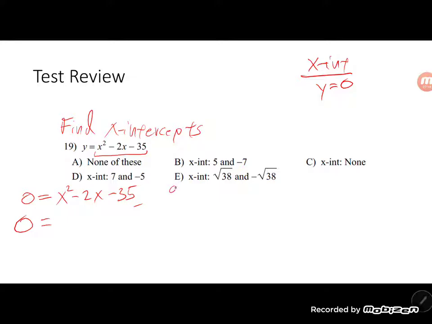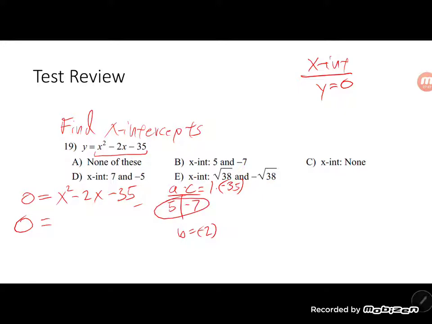So factoring, remember, we're always trying to find a times c that adds to b. A times c is 1 times negative 35, and b is going to be equal to negative 2. So what numbers multiply to negative 35 but add to negative 2? Well, that would be 5 and negative 7.